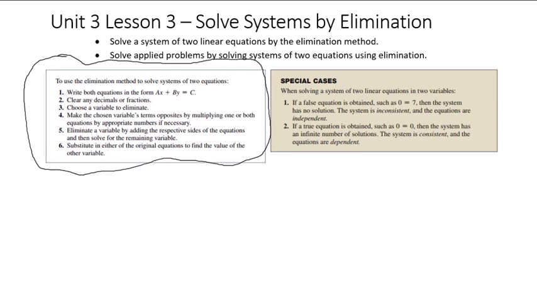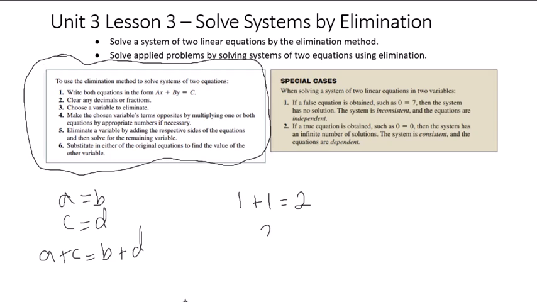There's a rule that says if A equals B and C equals D, then A plus C equals B plus D. Now this is algebraically, I can put it in basic terms. 1 plus 1 equals 2, and 3 equals 2 plus 1. Now these are two equations that are the same.